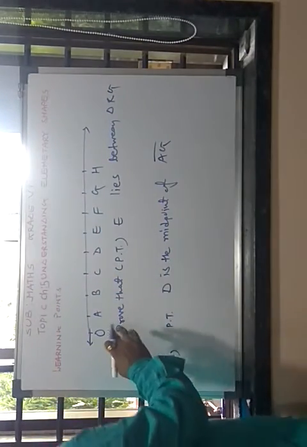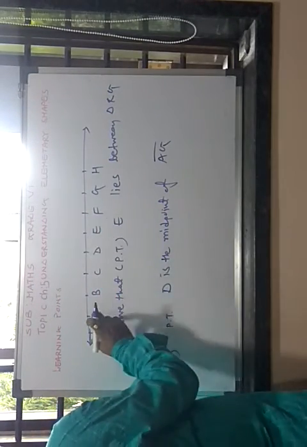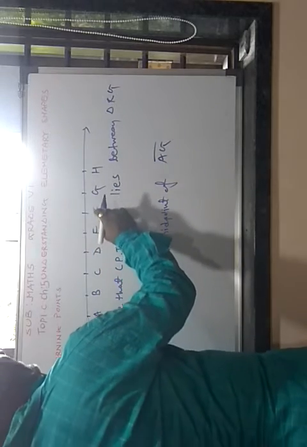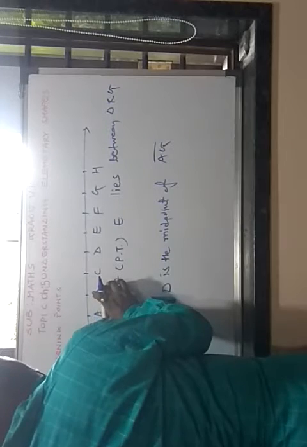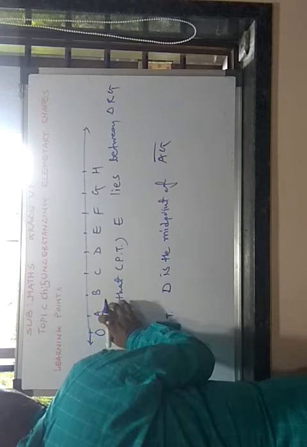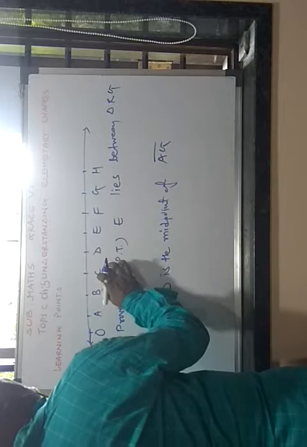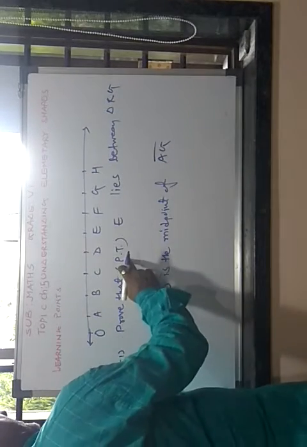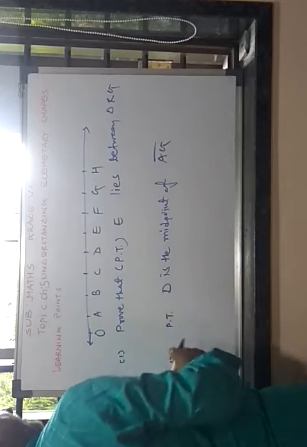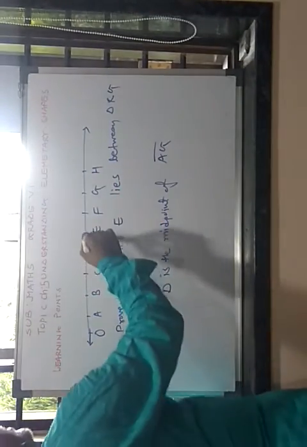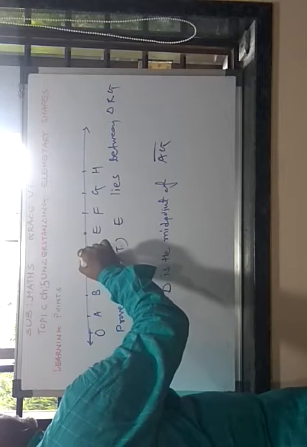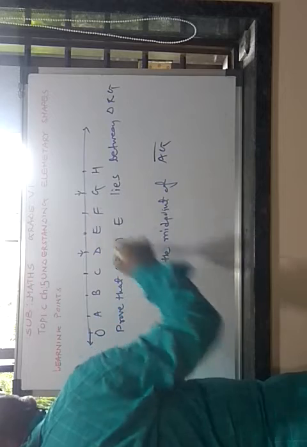On this line, some points are located by equidistance O, A, B, C, D, E, F, G, H. Each 2 points are equal distance, right? Number one, prove that E lies between D and G. You see E, it is here. E is lie between D and G.